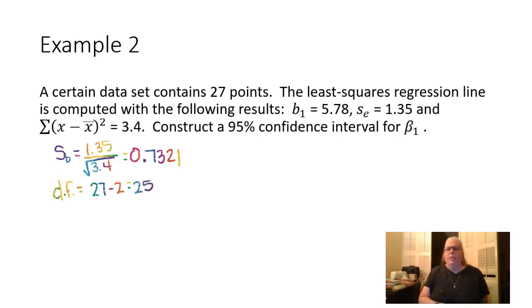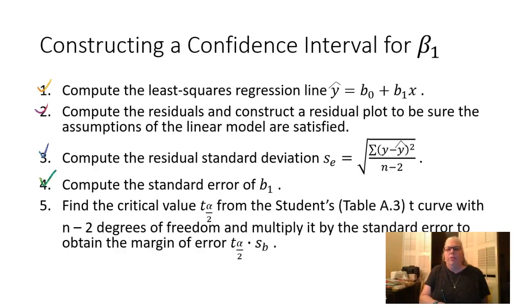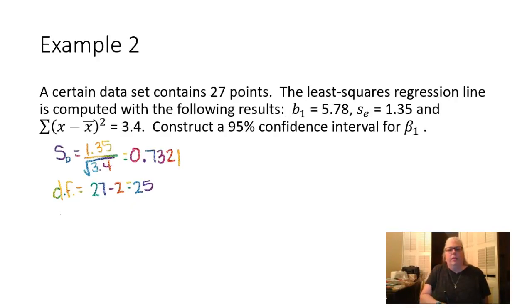And we're going to go over to table A3. We're going to be on line 25 and the 95% column. And that is going to give us our critical value, t sub alpha over 2. All right, so let's bring up table A3.